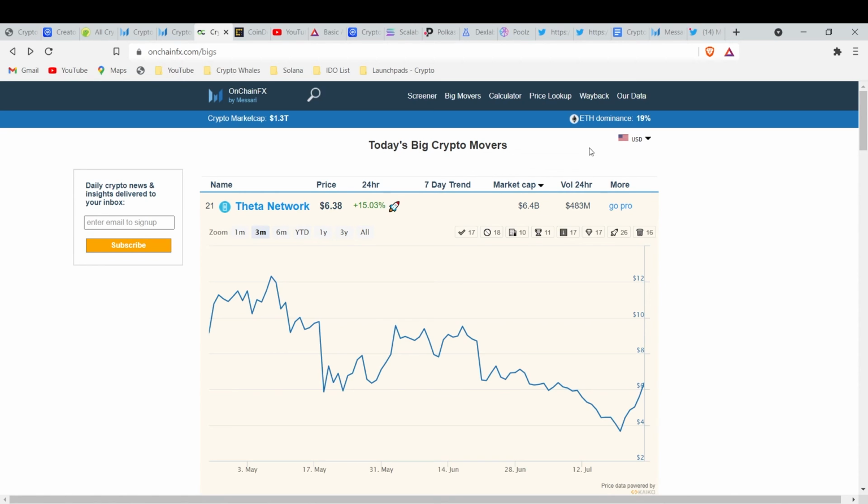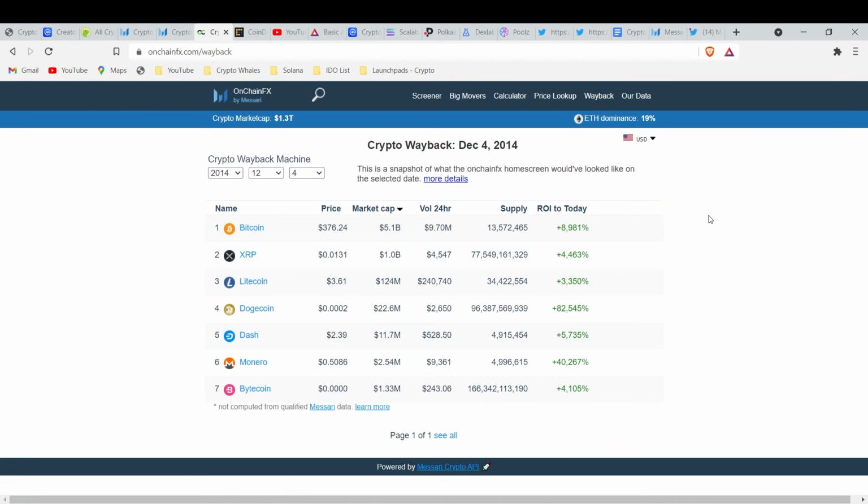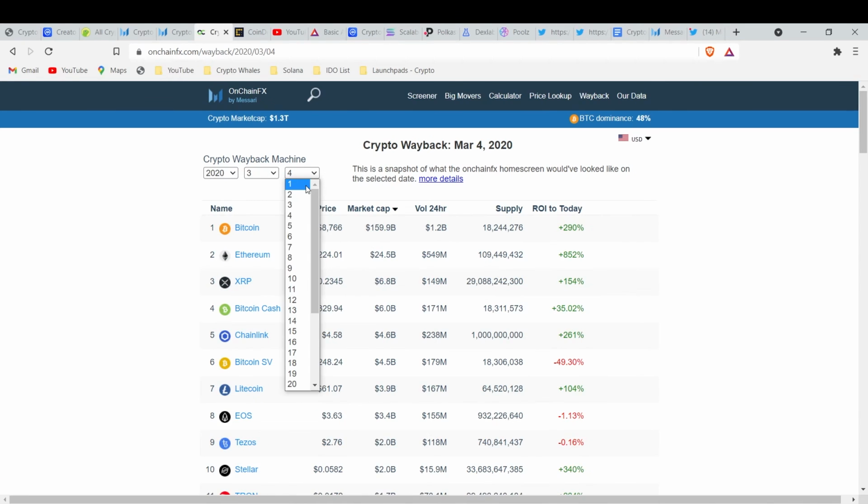The third and the last one that I usually use is Wayback. Wayback is just a neat way of understanding how far we have come since when we started on a particular day, right? So in this case, I think last year at the beginning of 2020, as you can see, Bitcoin was about $8,000.